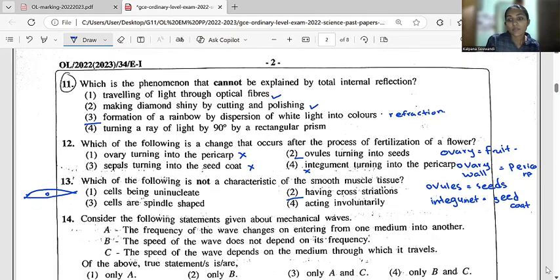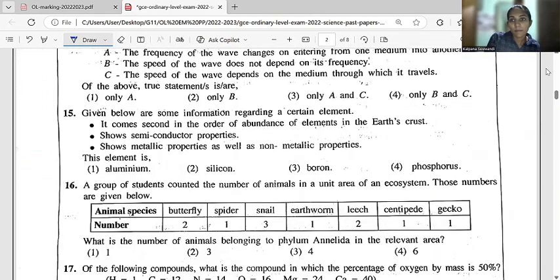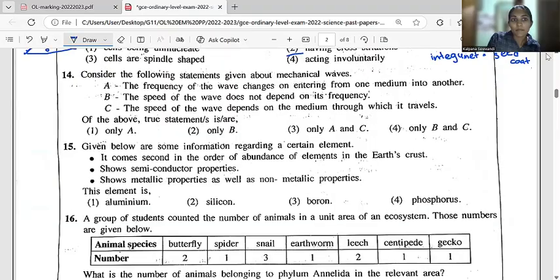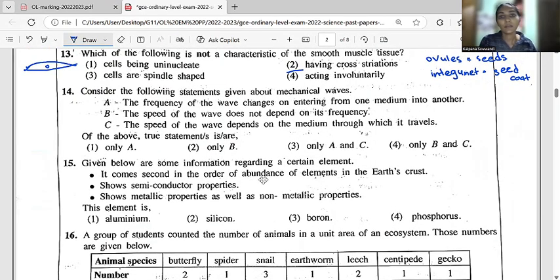Then the 14th question. Consider the following statements given about mechanical waves. The frequency of the wave changes on entering from one medium to another. No, frequency is not that kind of a character. Frequency remains unchanged while traveling from one medium to another. That's incorrect. The speed of the wave doesn't depend on the frequency.